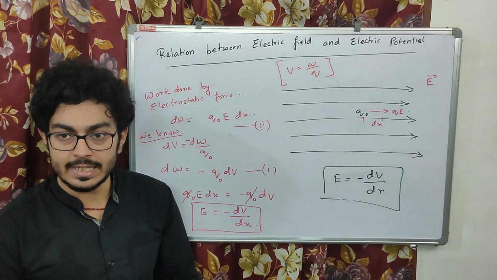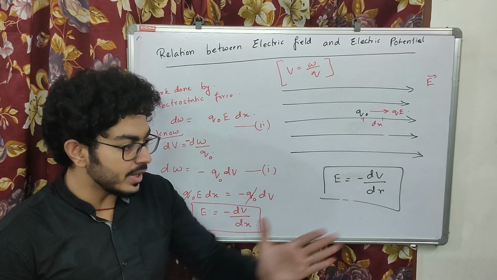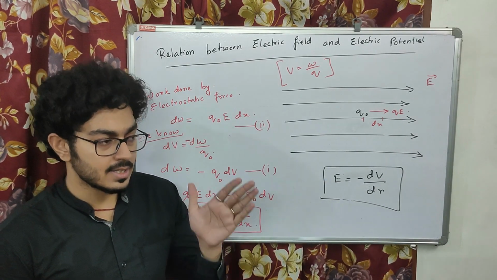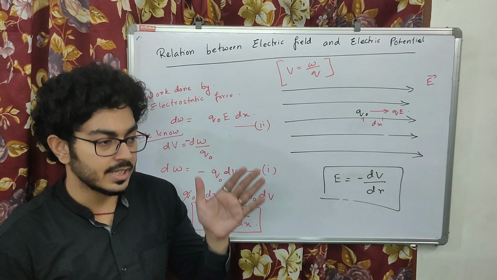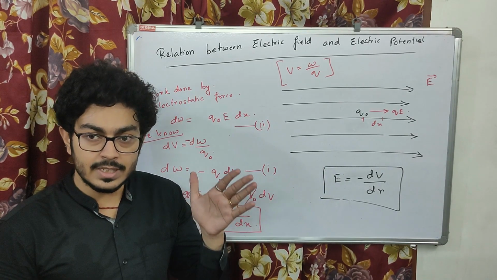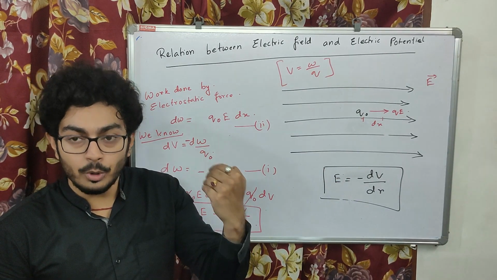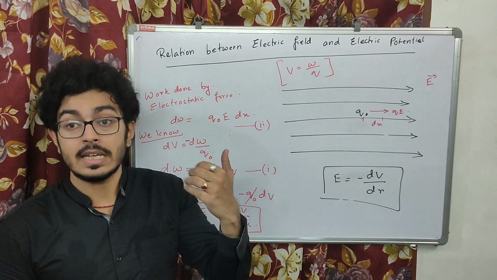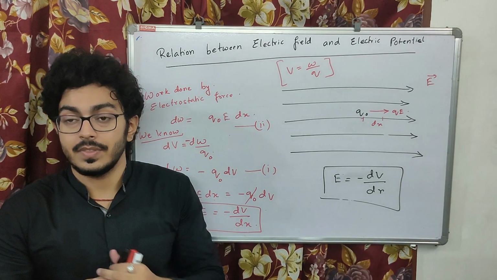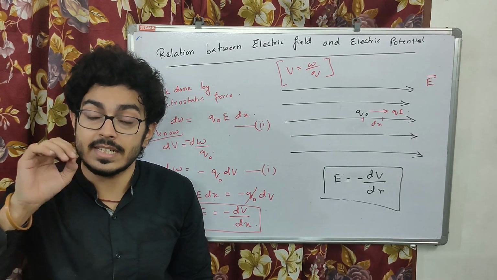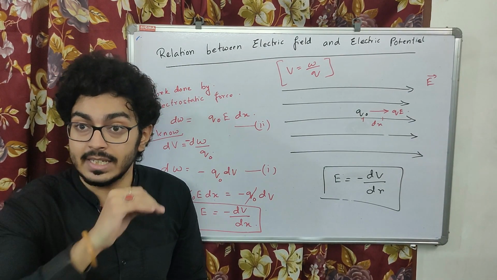Let us understand it like this: when you are moving a certain distance in a certain direction, with a certain displacement, the electric potential decreases. There is a change in electric potential and it decreases.